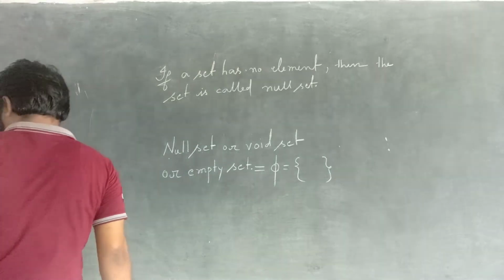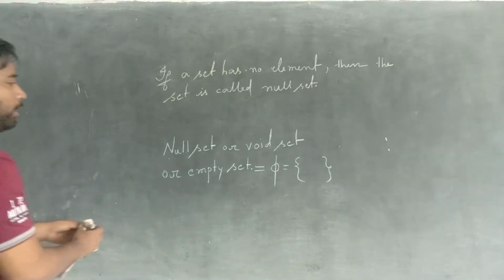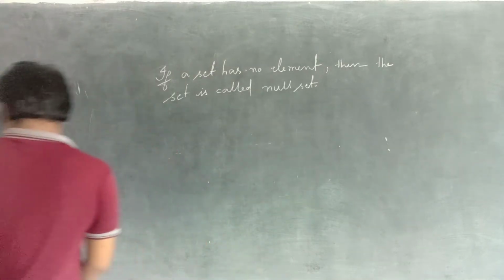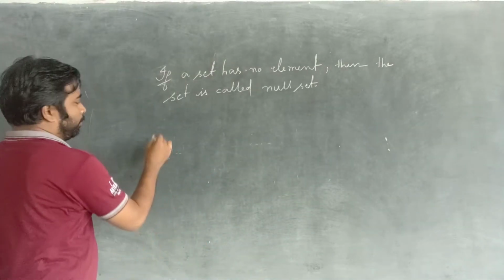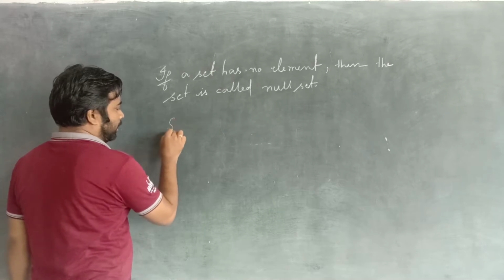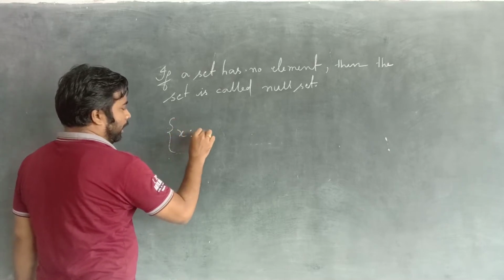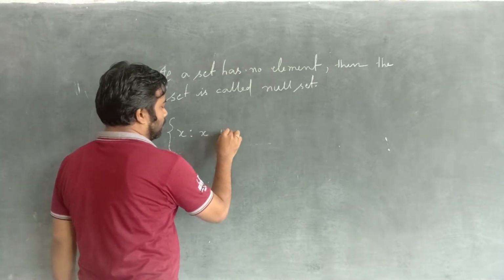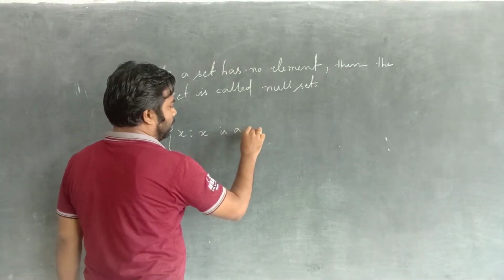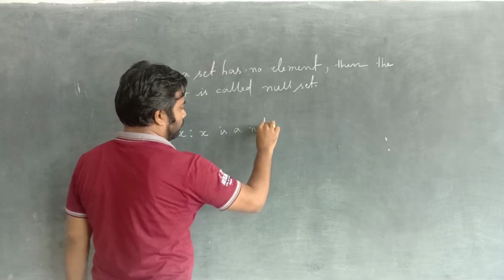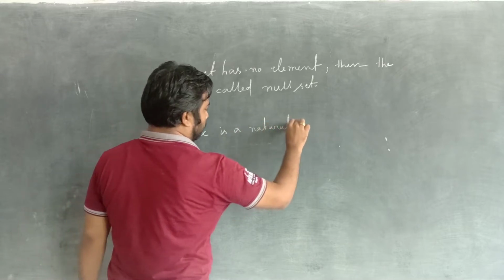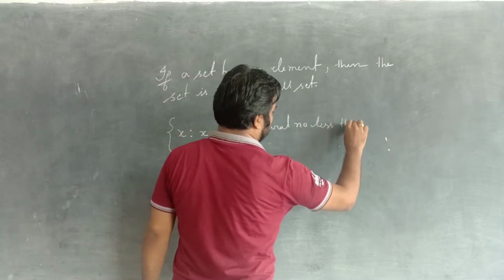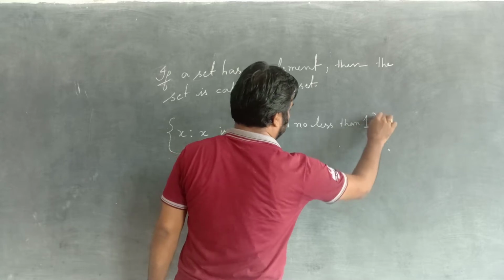Let us take some examples of null set and void set. How shall we get these types of sets? I am writing the set in set builder form first. Suppose there is a set X such that X is a natural number less than 1.